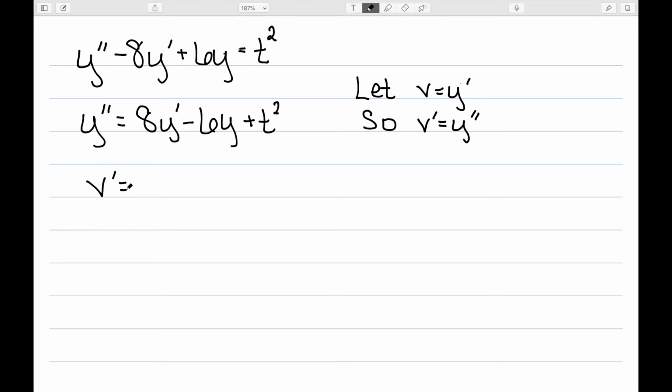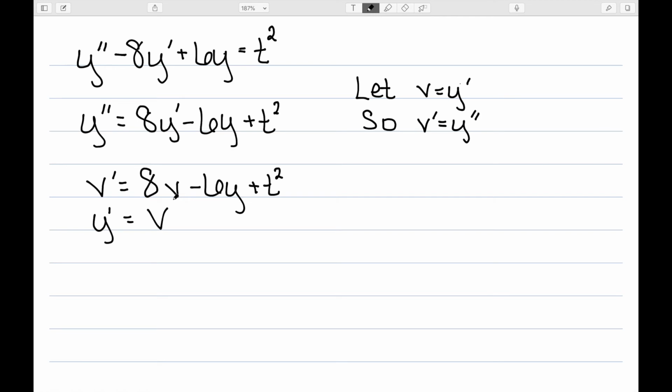V prime is equal to 8 times y prime, which is v, minus 6y plus t squared. And then I also still know that y prime is equal to v. So I went from a second order differential equation to a system of two first order differential equations.